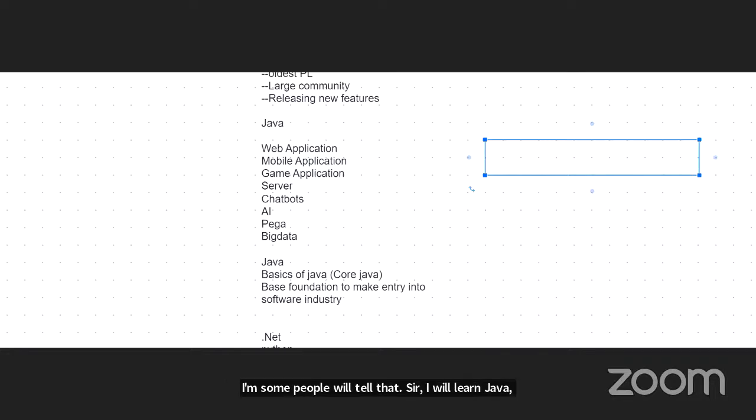Sir, without any doubt, you can. Will it take a lot of time? No, sir. Do I need any additional course for another programming language? No, sir. If you learn Java, you can learn all other programming languages in just 15 days to 1 month. You can learn other programming languages easily.